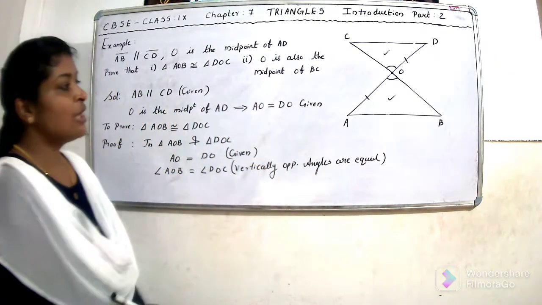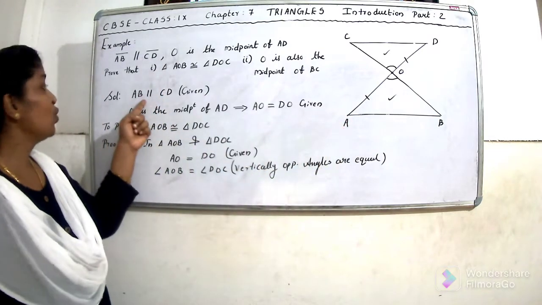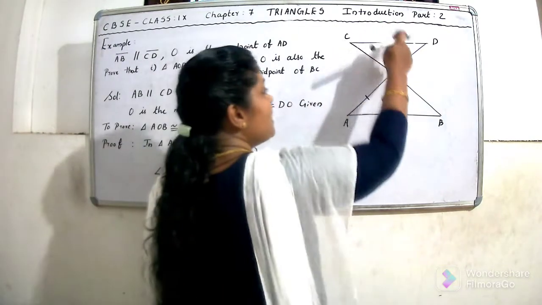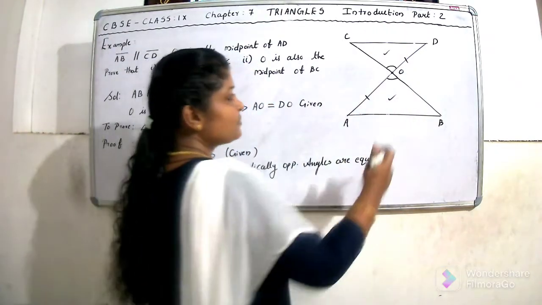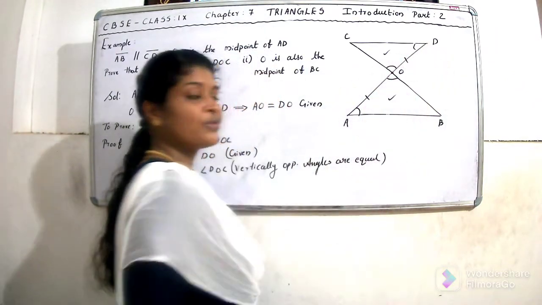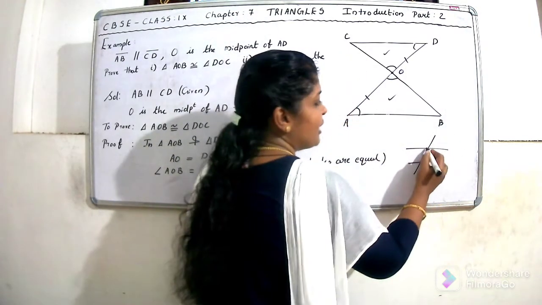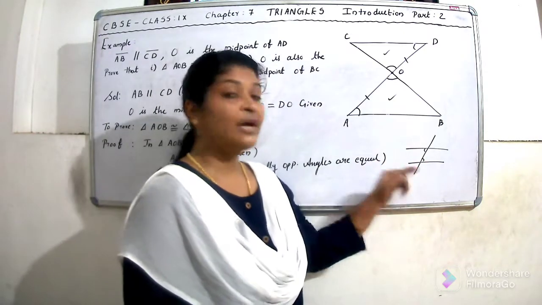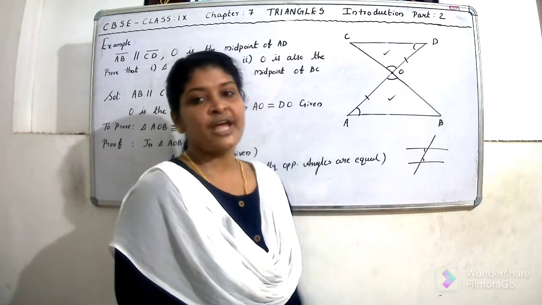Now, are we getting any other information from this? See, this is the clue they gave: AB is parallel to CD. If these two lines are parallel, then we can take this and this as equal. Why? Because if parallel lines are passing, then these two are alternate angles, and if we know the lines are parallel, then these alternate angles are equal.